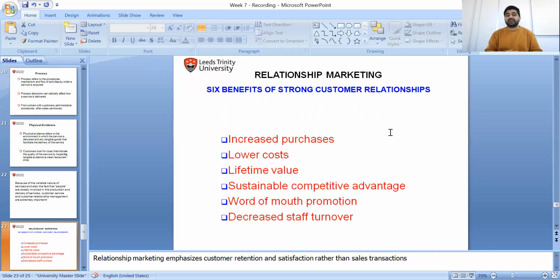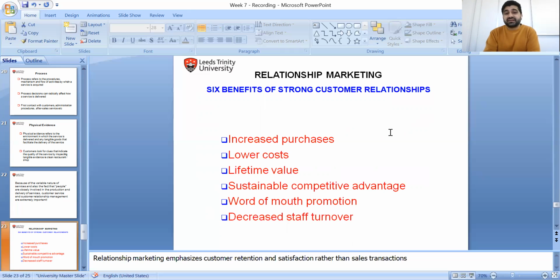Relationship marketing is basically focusing on the customer's retention and their satisfaction rather than the sales transactions. In relationship marketing, they basically try to contact the customers. They make a relationship with them. They want to retain them.